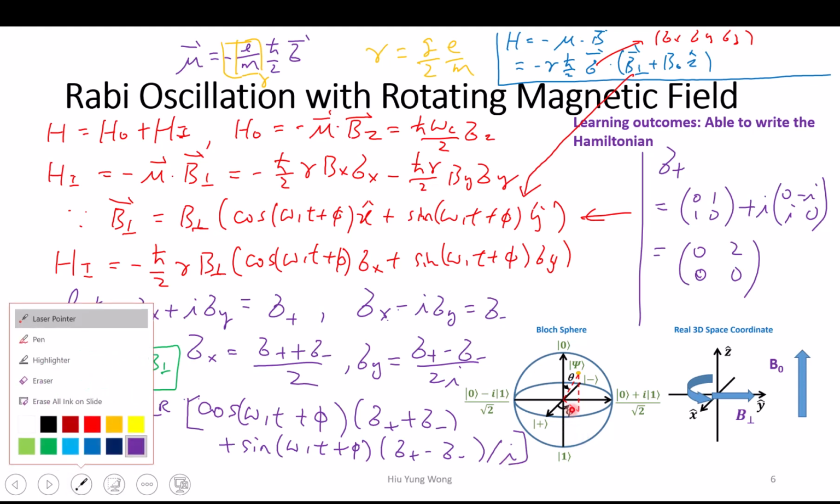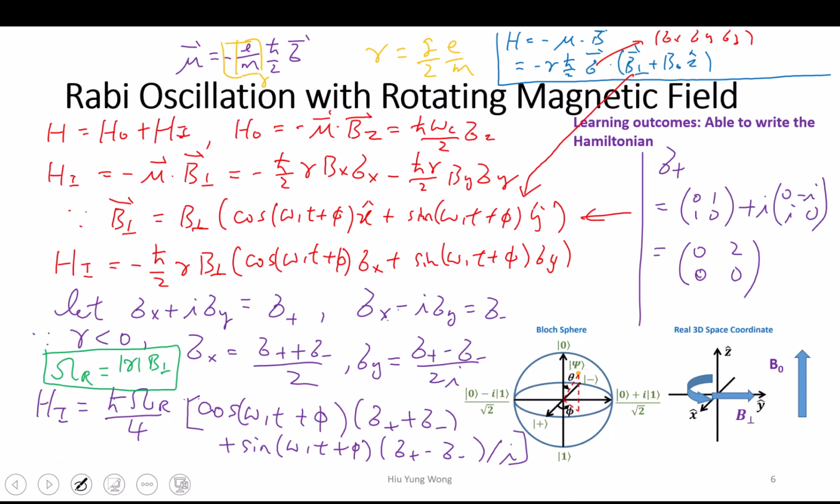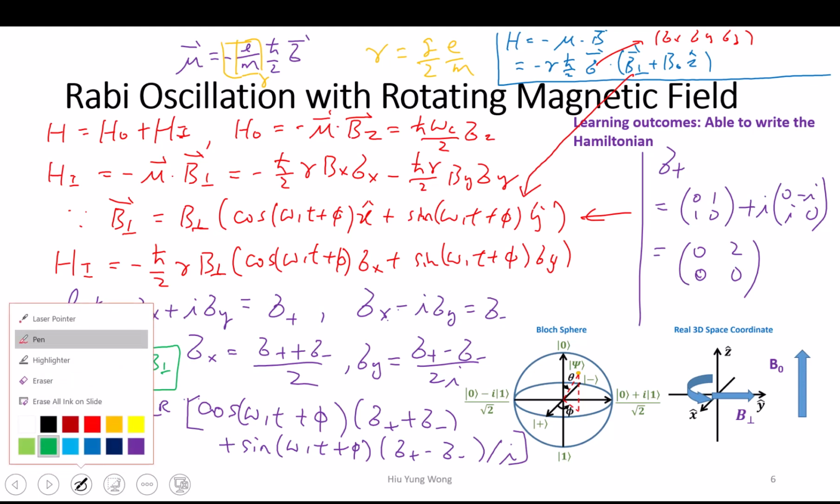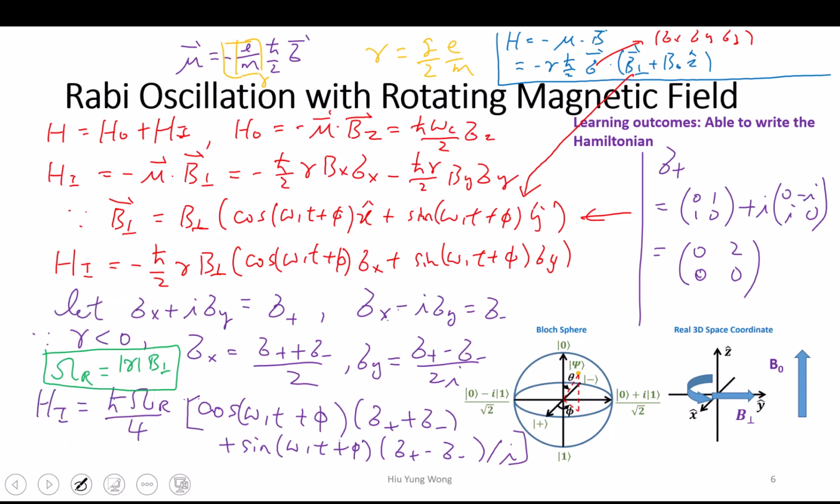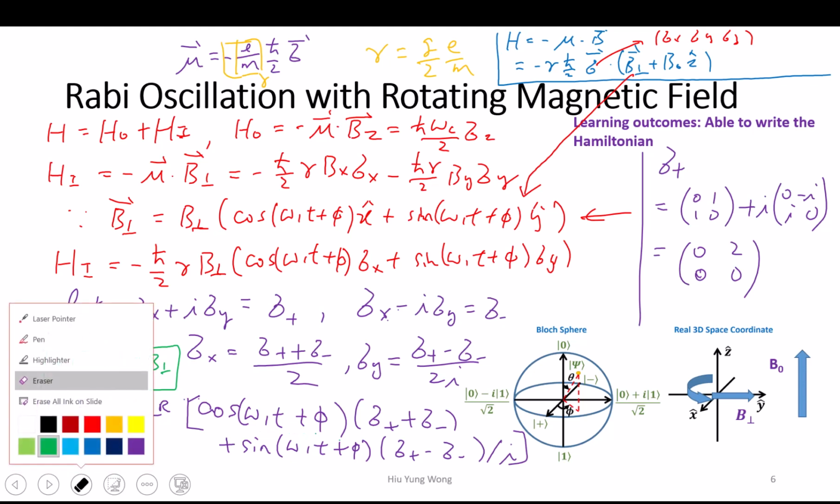I jump in my notes. So then what is this? Now, cosine omega t. My cheat sheet is completely messed up. So now I'm going to convert this to exponential.